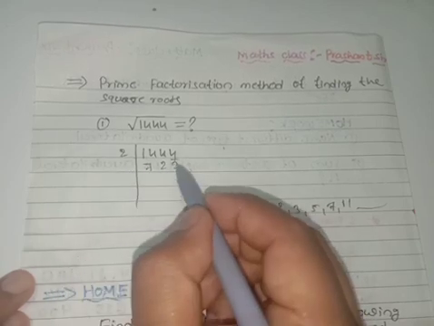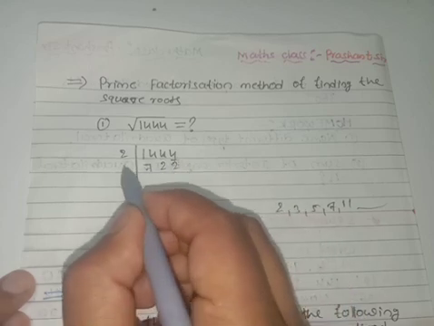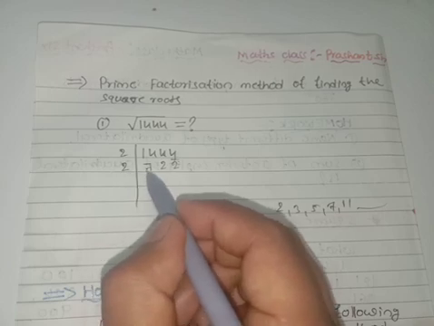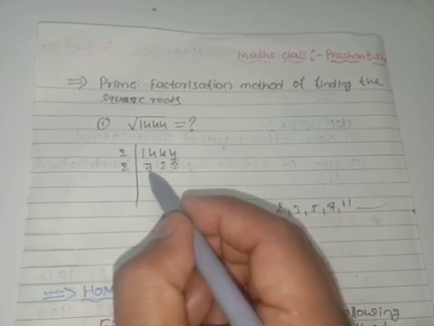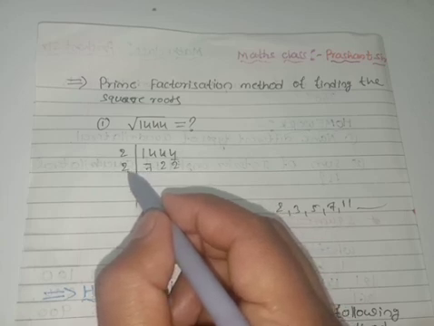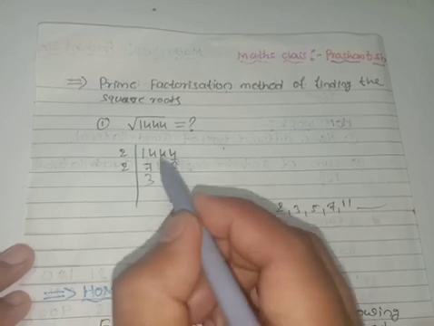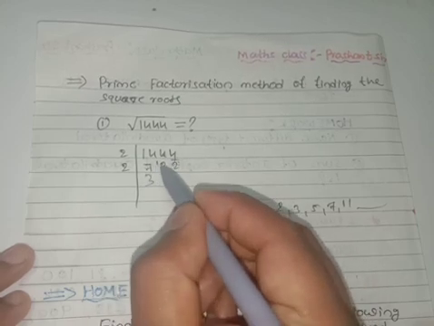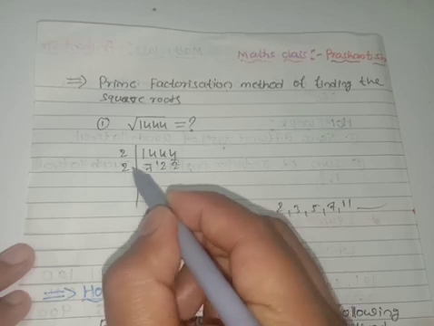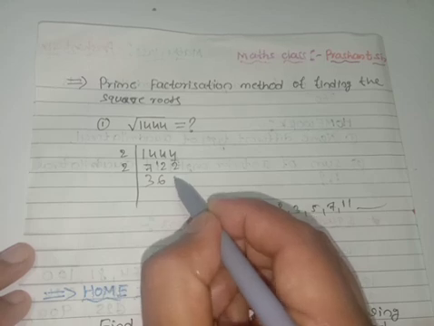Next, the number is 722, again the ending number is 2, and I can take 2 here. Now 2 how much is 7? 7 is not there in the 2 table, so we take the nearer number. 2 threes are 6 and 1 is left, we can carry, so it becomes 12. 2 sixes are 12 and 2 ones are 2.